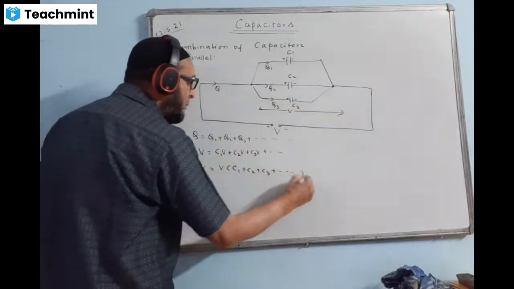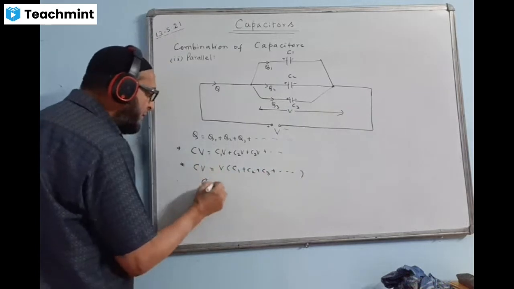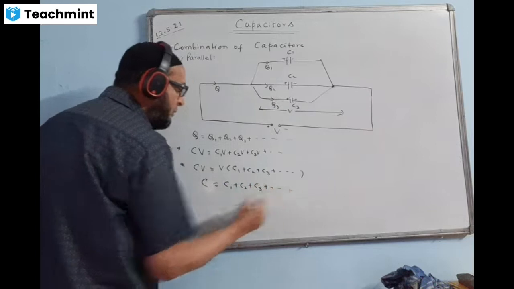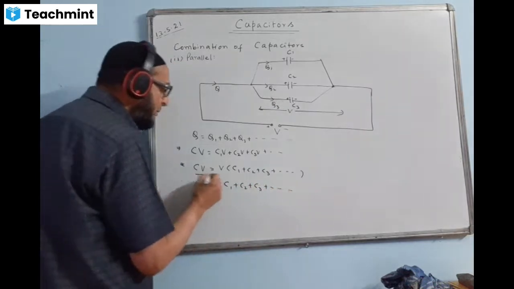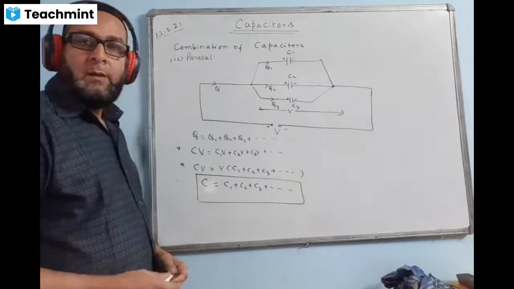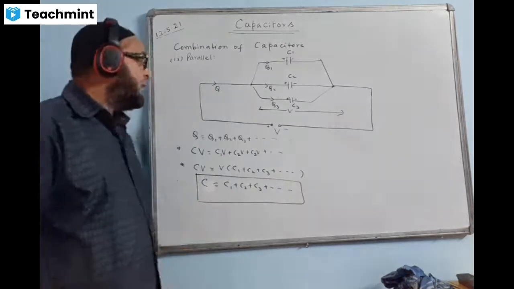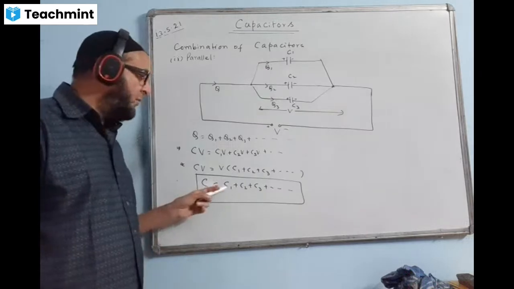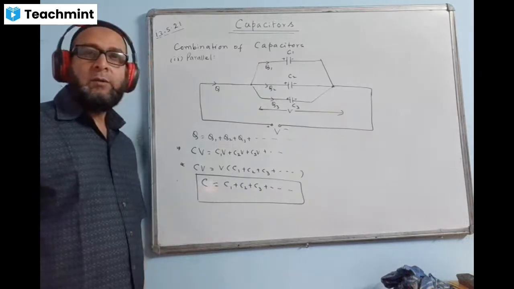V and V cancel, and you get the value of C as C1 plus C2 plus C3 and so on. So this is the formula in this case. Total capacitance of parallel combination C is equal to C1 plus C2 plus C3 and so on. This derivation may also carry 3 marks.